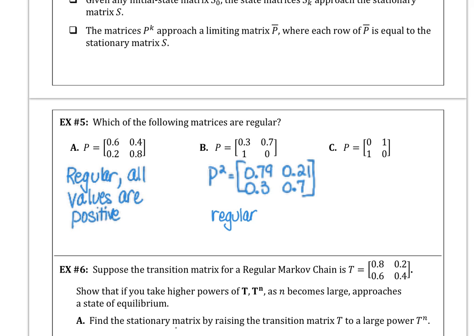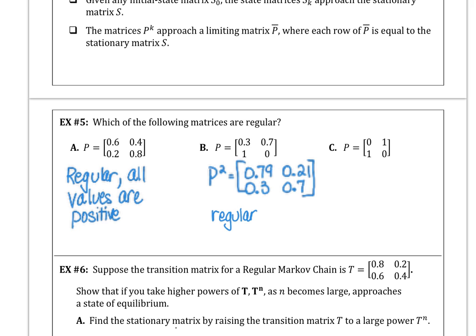In example 5, they want us to look at which of the following matrices are regular. In example A, you can see all of the values are positive. So yes, this is a regular matrix. But in example B, matrix P has a 0 in that lower right-hand element.